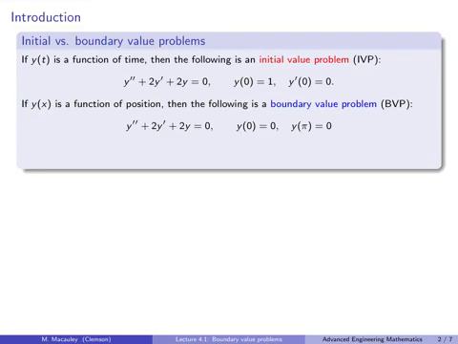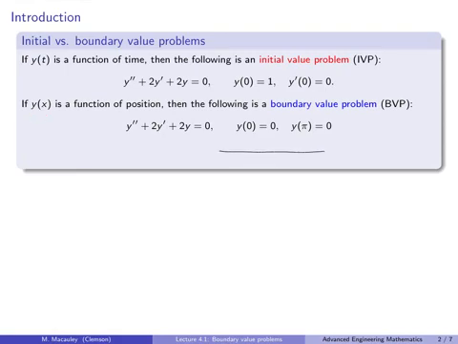So let's let y be a function of position, and this is an example of a boundary value problem, or a BVP. So let's use the same ODE, but now let's specify the value of the function at two different places, 0 and pi, for example. So here, think of y as maybe the temperature.